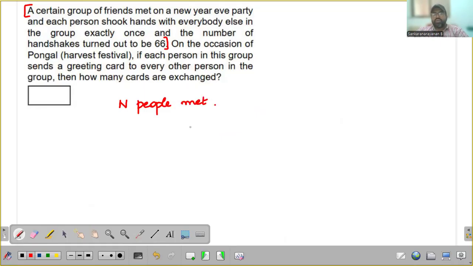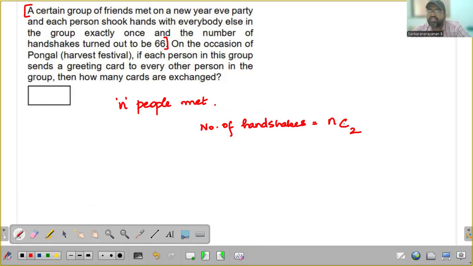So, the number of handshakes will be equal to nC2, because when a shakes hands with b, the number of handshakes exchanged between these n people will be nC2.